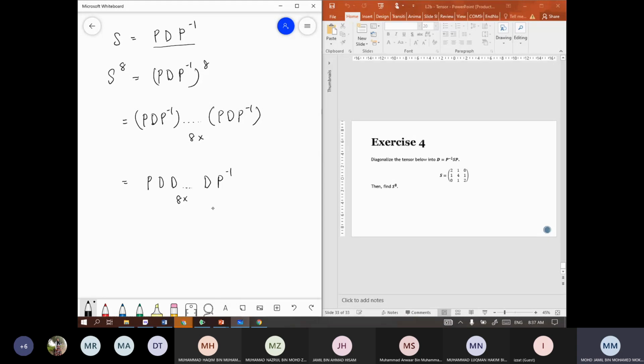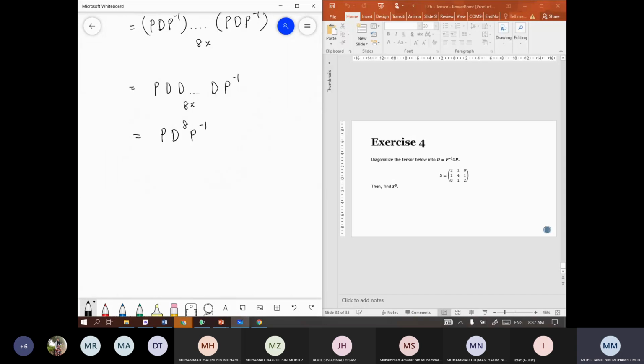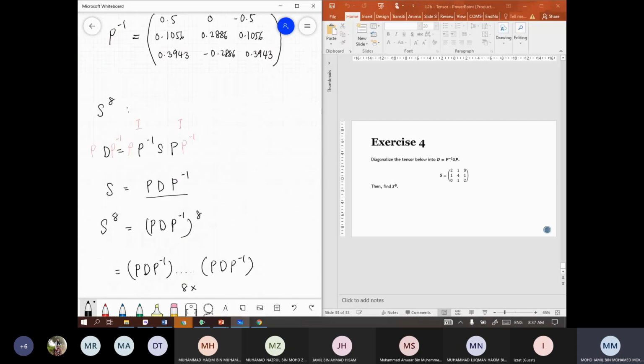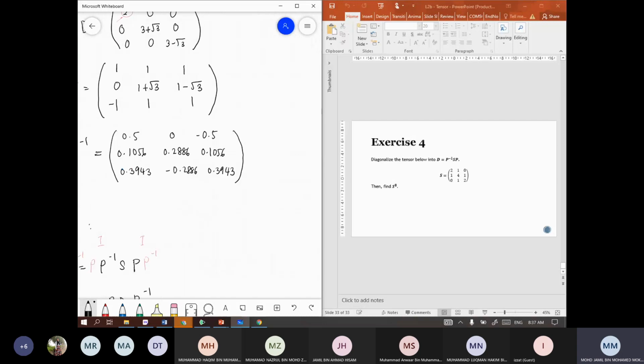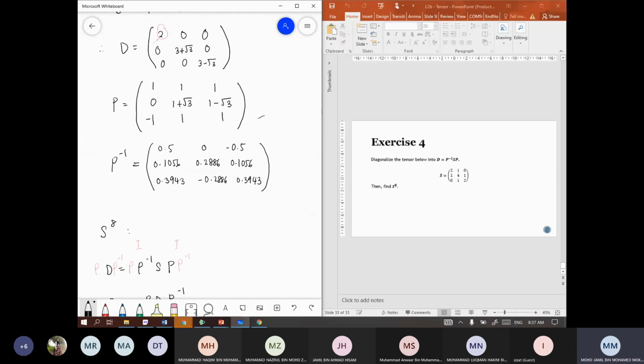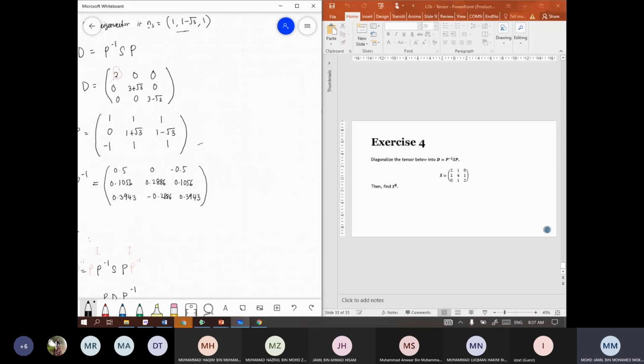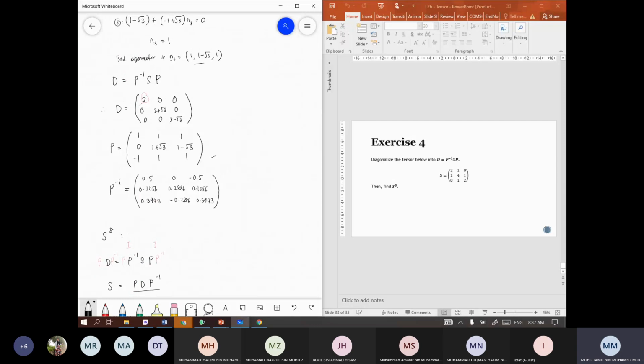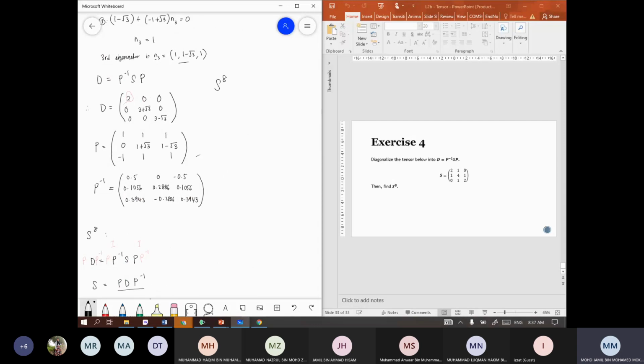So you would get P D power of 8 P minus 1. So your P is this matrix. So S8 equals P D8 P minus 1.